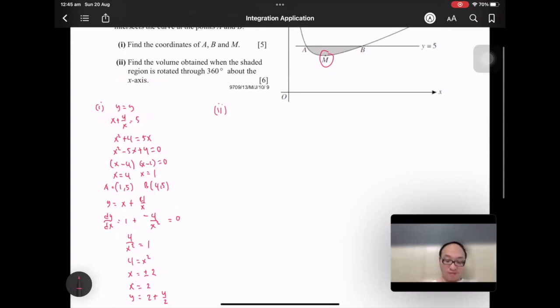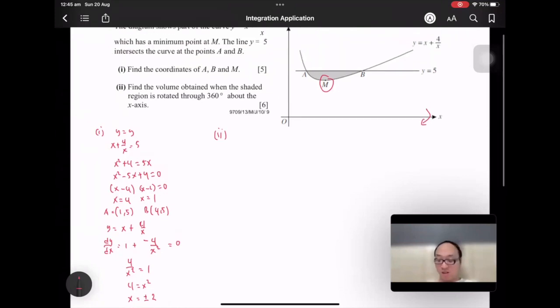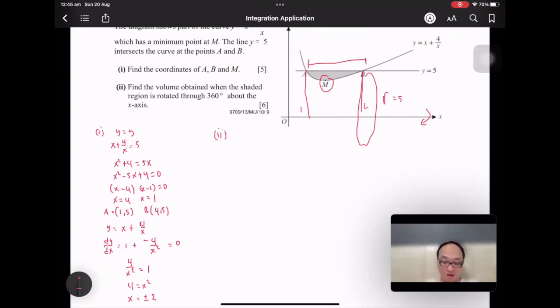Find the volume obtained when the shaded region is rotated 360 about the x-axis. So again, this is a straight line, so we will have the cylinder with radius of 5. And the height, this is 1, this is 4, so this is 3.